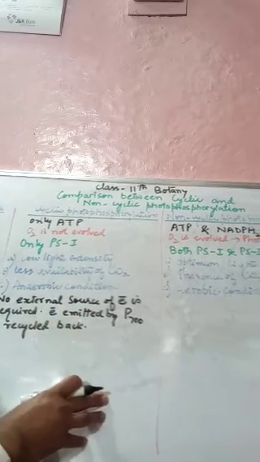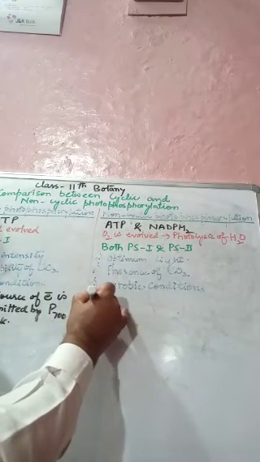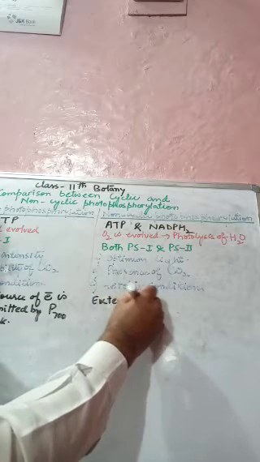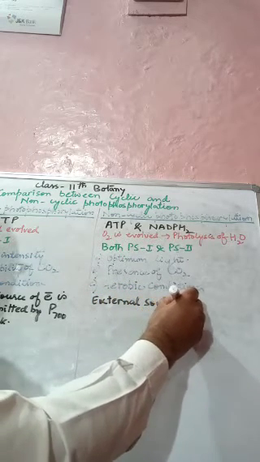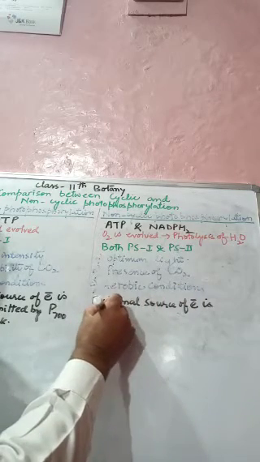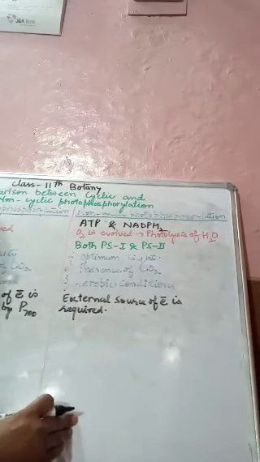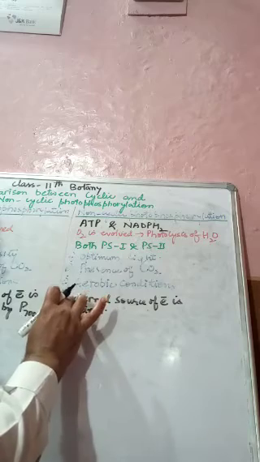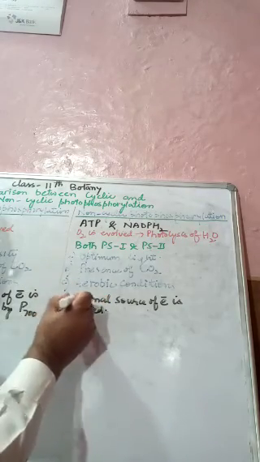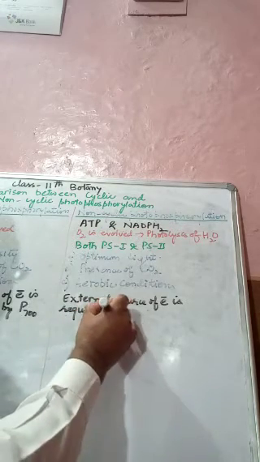Here, in non-cyclic, an external source of electron is required. What is that external source? That is water.